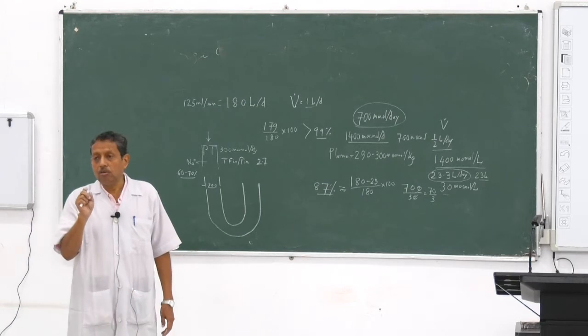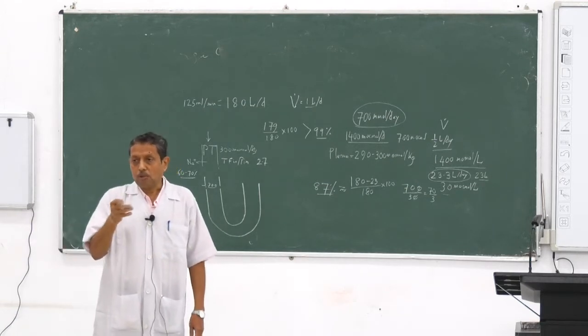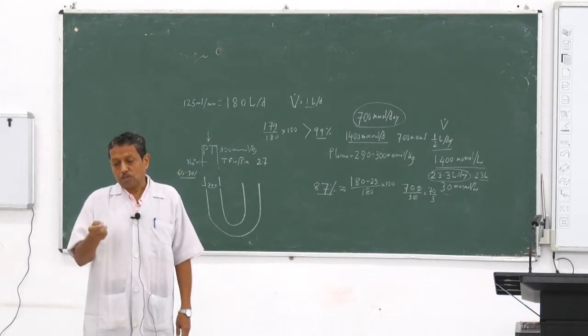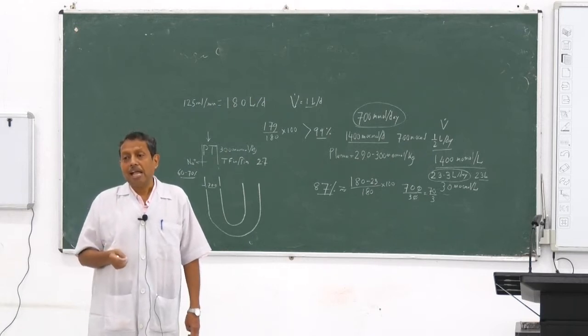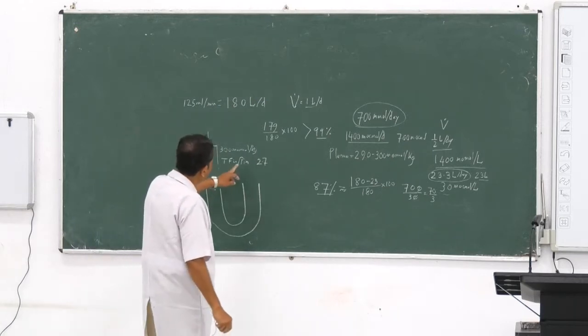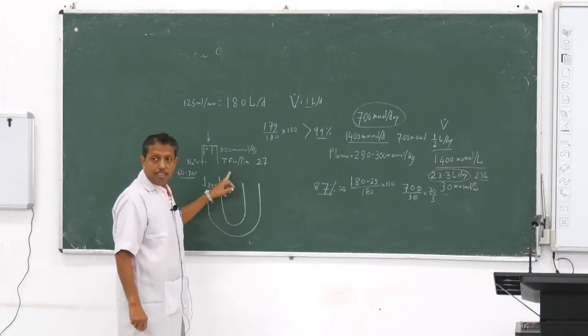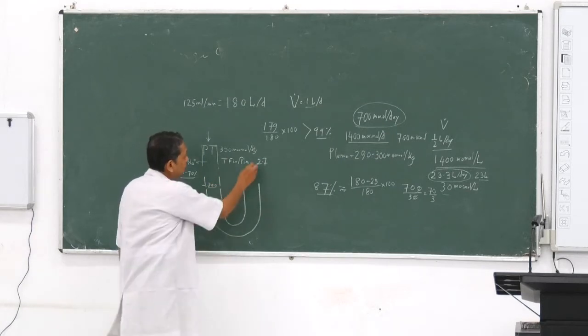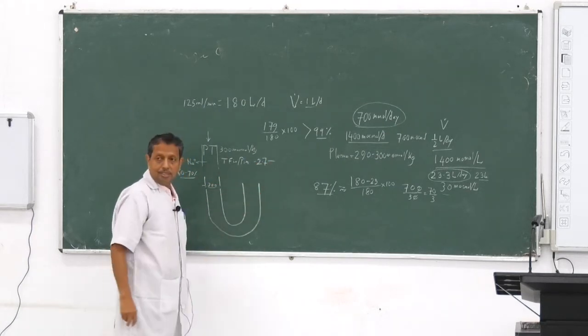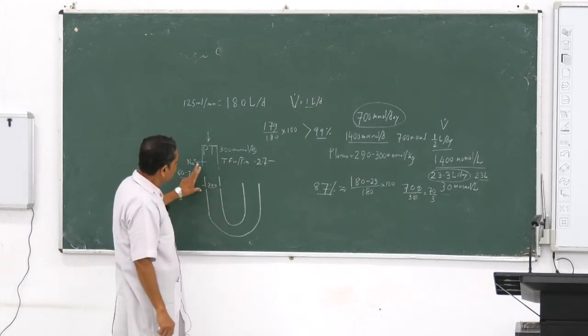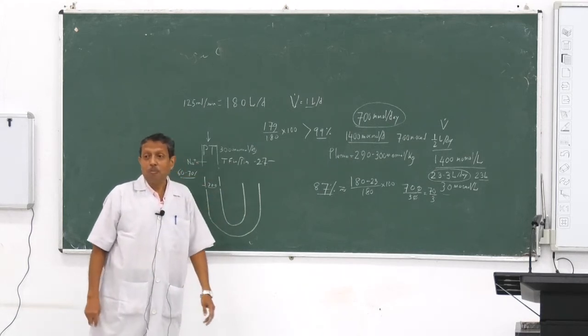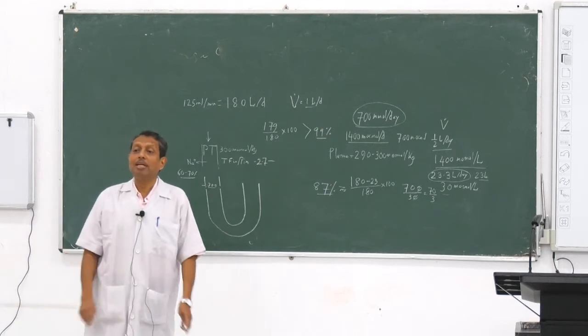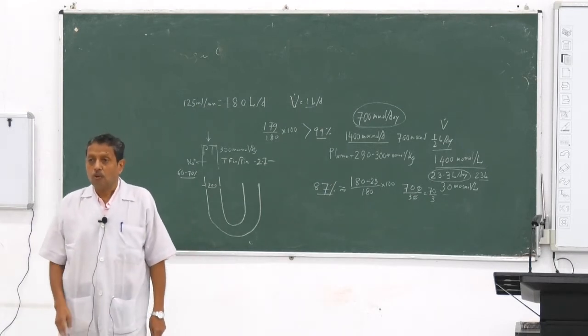Tubular fluid inulin is not reabsorbed, but the watery part is reabsorbed. So its concentration goes on increasing, and from this ratio we can know whatever amount remains.